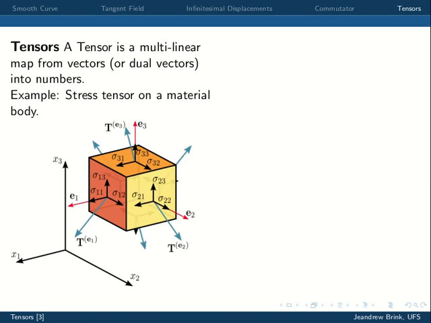If you want to keep track of the response of the body at each point to forces in different directions, then one, you need an indication of where you're keeping track, okay? And then you need an indication of the different directions. So then you basically get a 2-index quantity.